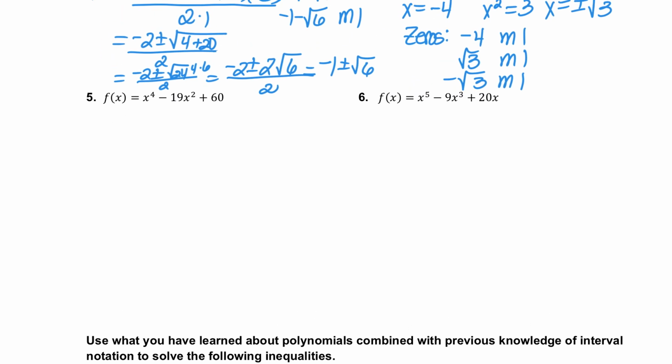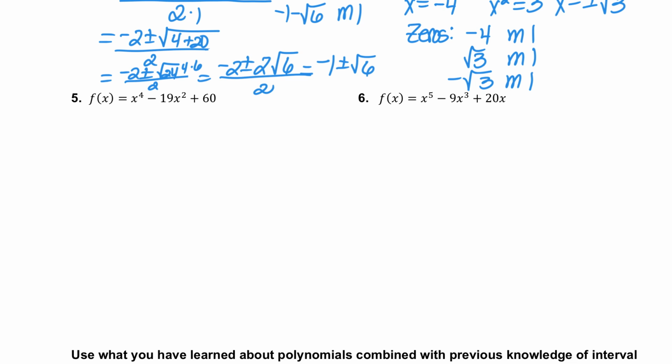Okay, on number 5, we're going to factor that first after we set it equal to 0. I have an x to the 4th, an x squared, and a constant. So I can factor like I do an x squared, x, and constant. Okay, so this is going to be x squared times x squared. That takes care of my x to the 4th.